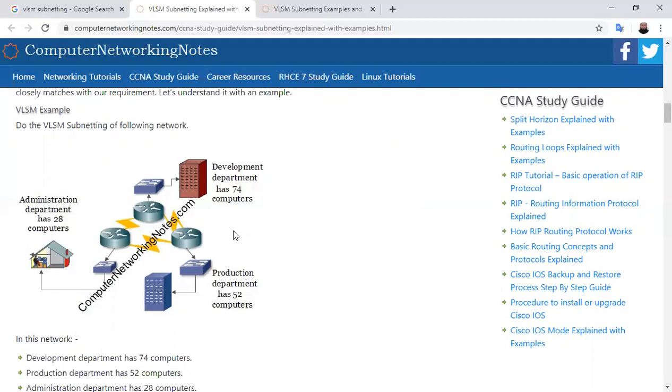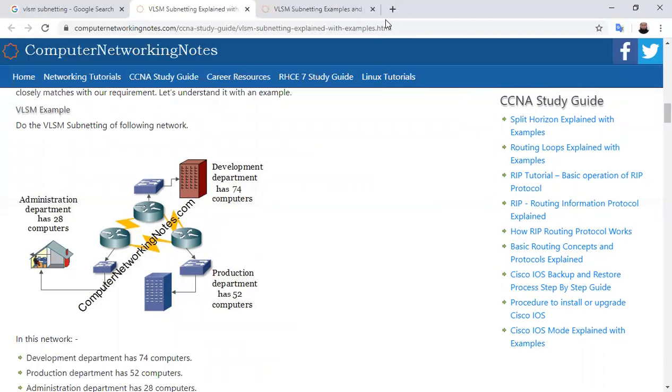So for the administrative department, we have to find out the subnet mask, broadcast, and subnet. These three things we have to find out. Also here we have to find out the subnet mask and broadcast, with the valid host addresses. For the production department, we have to find out the same.